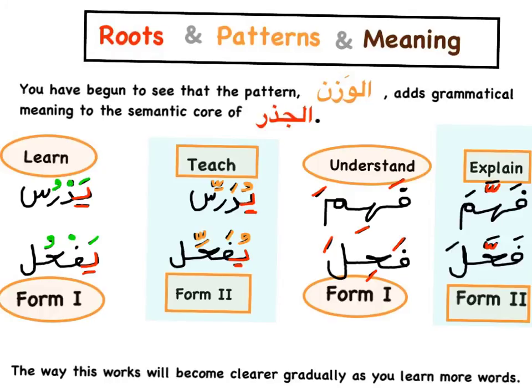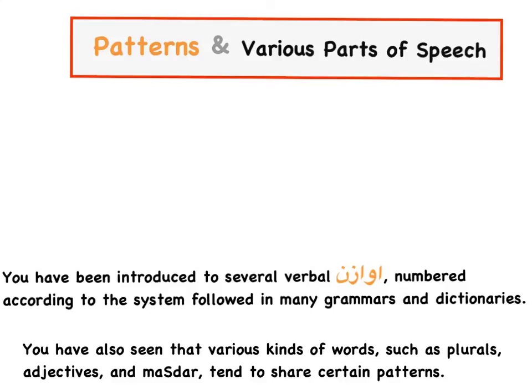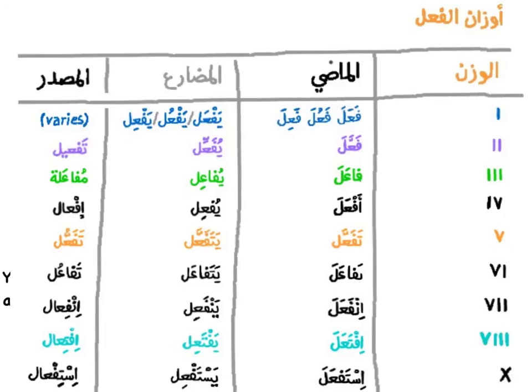So learn more words. You have been introduced to several verbal أوزان numbered according to the system followed in many grammars and dictionaries. You have also seen that various kinds of words such as plurals, adjectives, and masdars tend to share certain patterns. Let's have a quick look at أوزان الفعل. We have وزن 1, 2, 3, 4, 5, 6, 7, 8 and 10, and it goes like this.